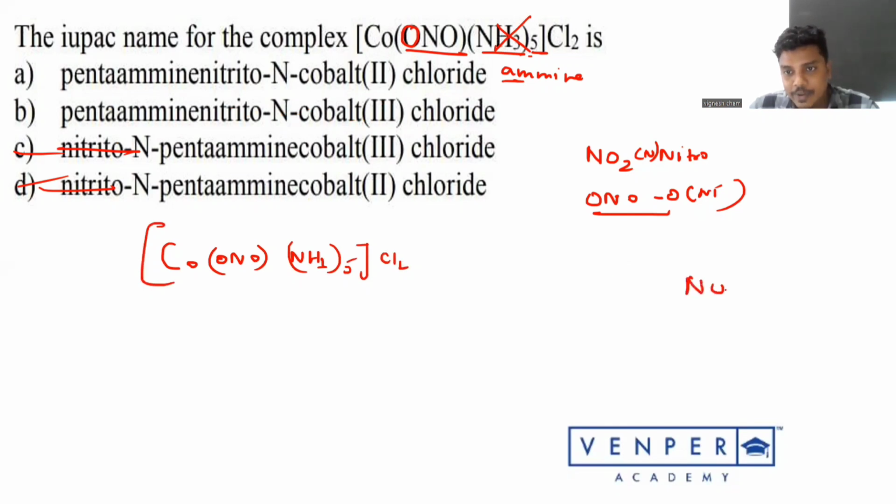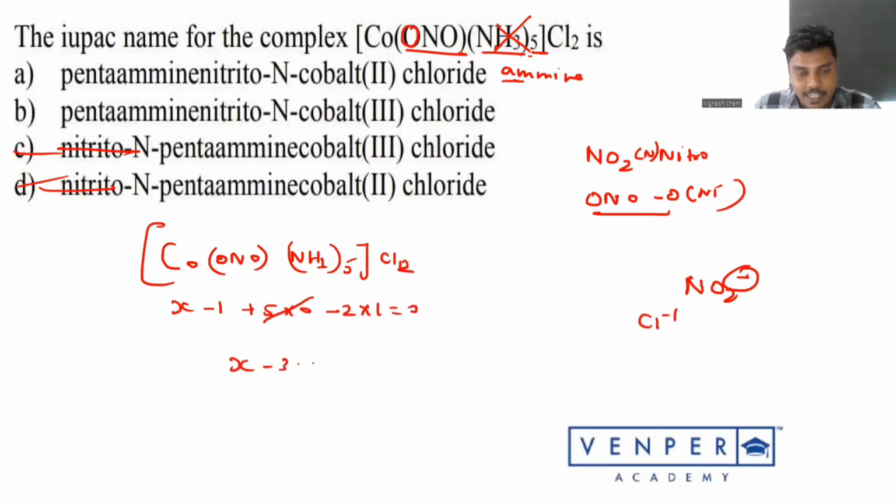NO2 minus is a negative unicharged ligand. Therefore X plus minus 1 plus 5 into 0. Cl is Cl minus 1, so minus 2 into 1 equals minus 2. So X minus 3 equals 0 and X equals plus 3 oxidation state. Therefore option B is correct: pentaamminenitritocobalt(III) chloride. If it is nitrito, it should be an O donor. We have to correct this one.